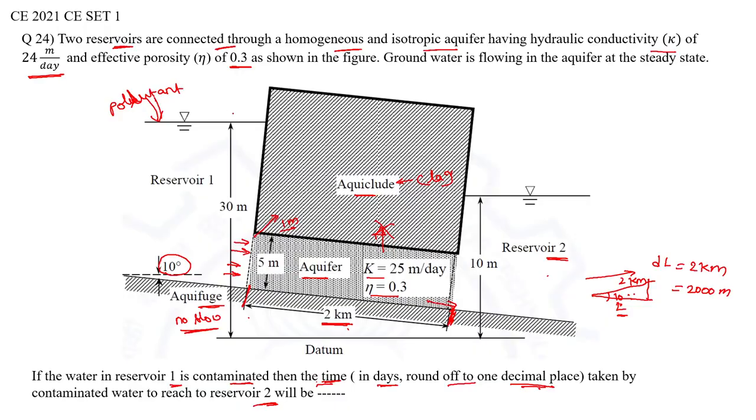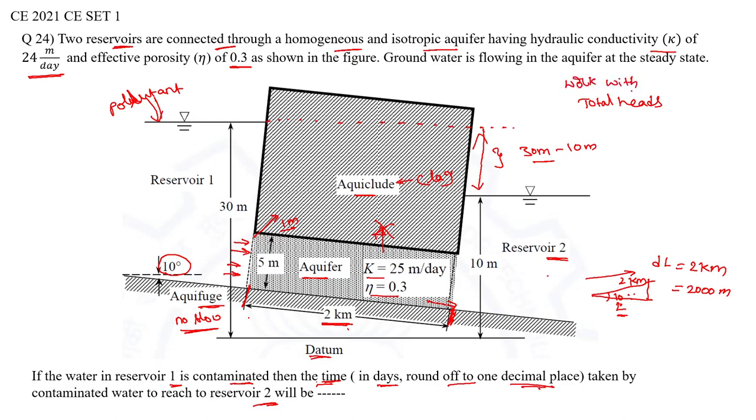Moving forward, what is the difference in these two? The difference will be 30 meters minus 10 meters, because the 30 and 10 are both shown with respect to the datum. As shown in the previous slide, we should always work with the total heads.